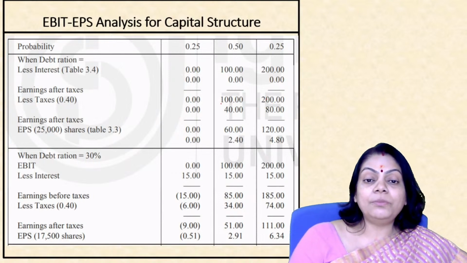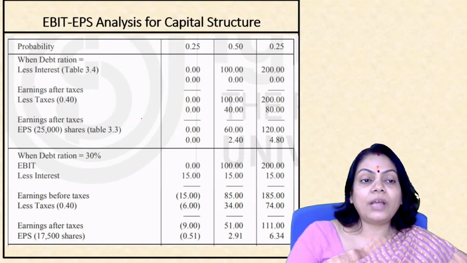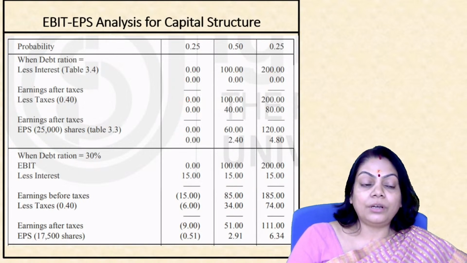So I have picked up these values from the first table. Now you don't have any interest, so the EBIT is 0, 100, and 200. Interest is nil, so earnings before interest and taxes are the same.